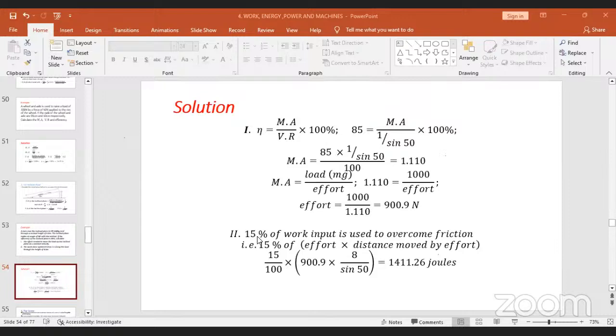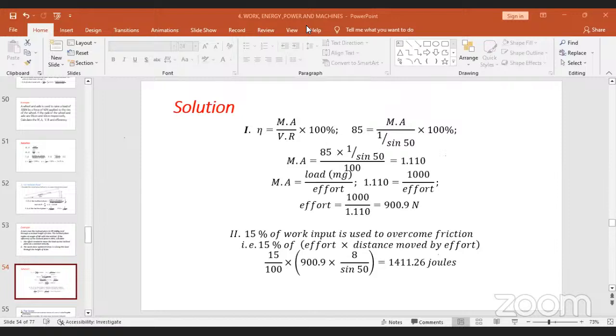Good. Therefore, the working is shown there. And our answer is 1,411.26 joules. Is that what we got? Did the people get that?